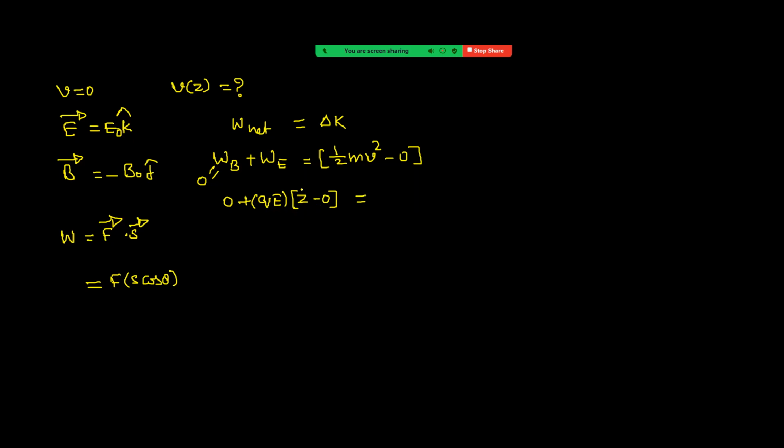F into S cos theta is equal to half m v square. Remaining is just calculation: v equal to the square root of 2 q E z upon m. So just applying the key point that magnetic force does no work.